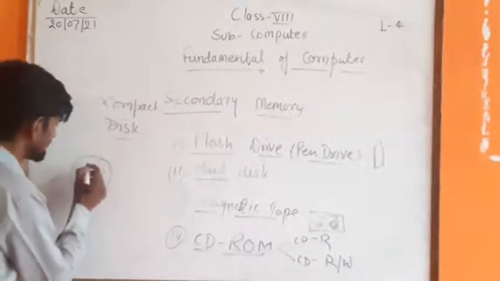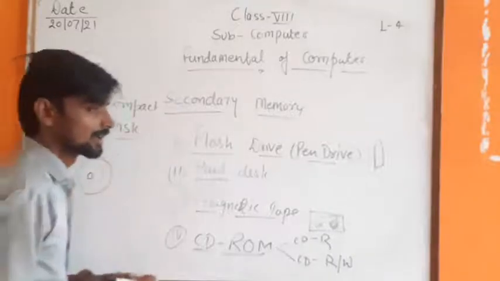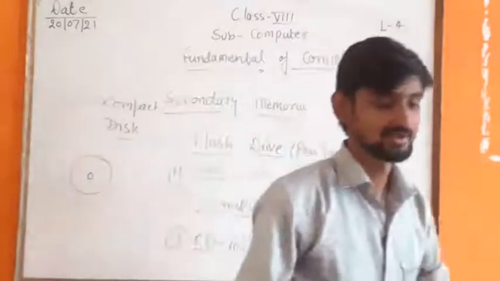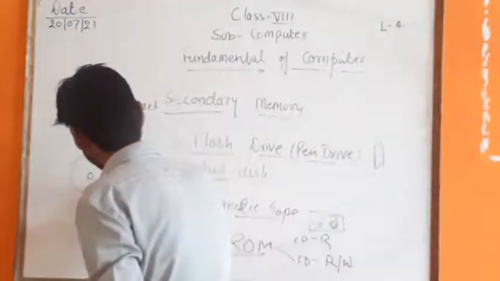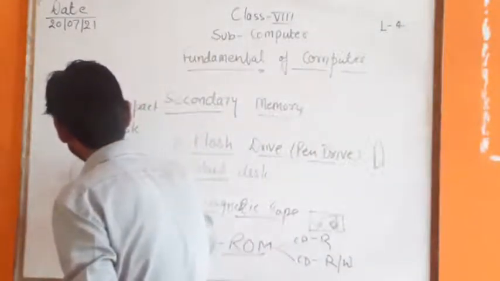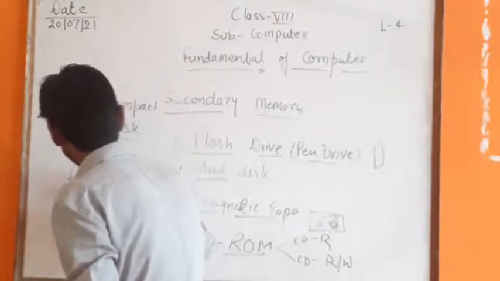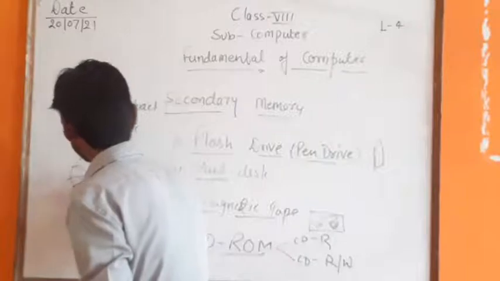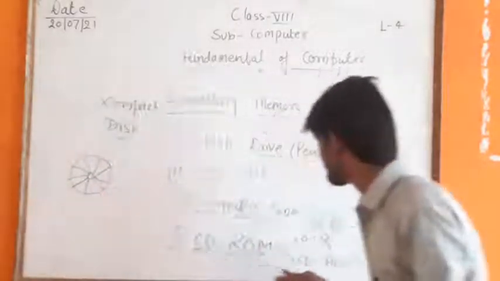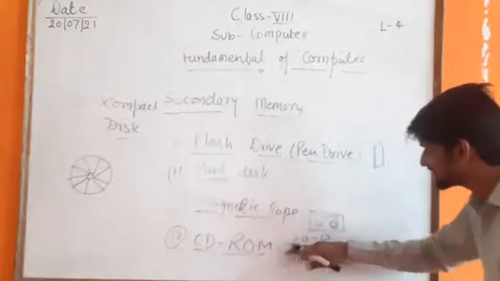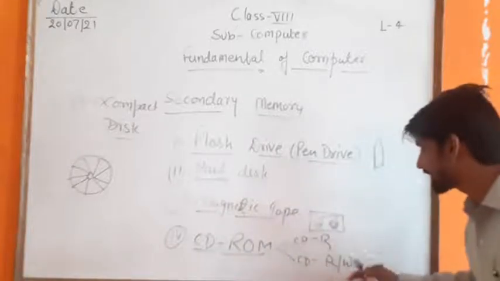This is filled by a colorful layer in which we are saving our data. It's also internally divided into sectors and tracks. Clear?